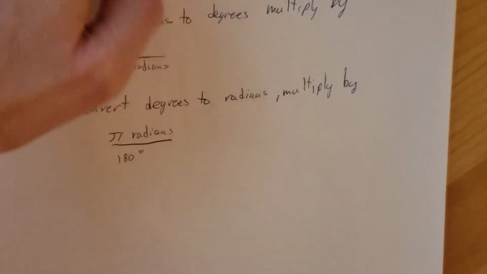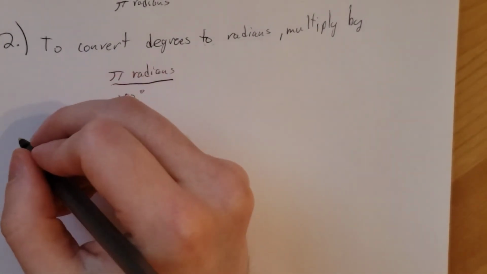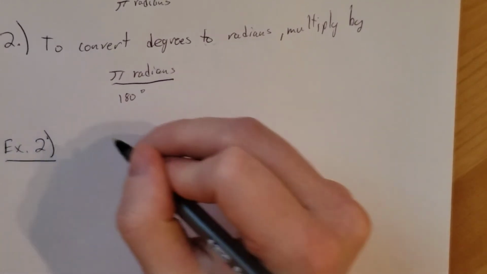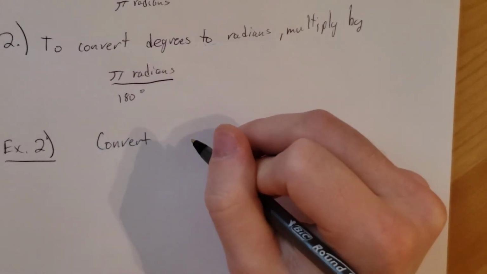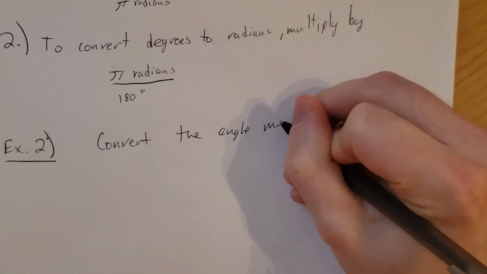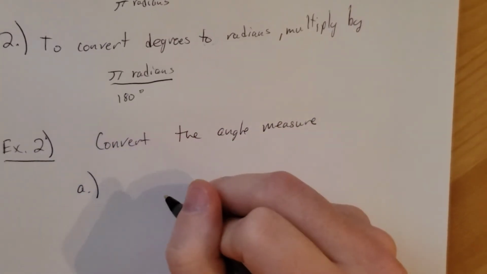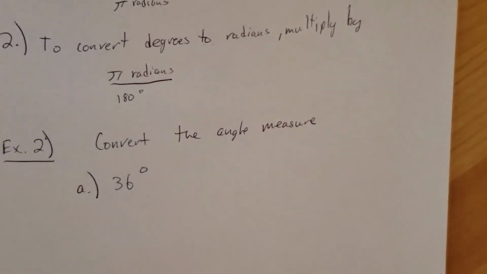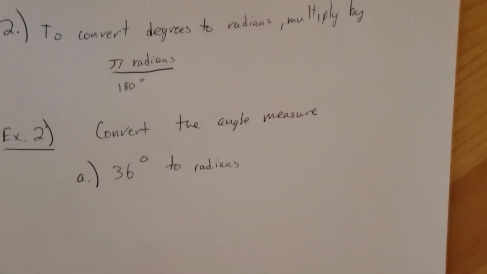So let's do an example like that. Convert the angle measure. A is going to be 36 degrees to radians. Well, how do we do that?